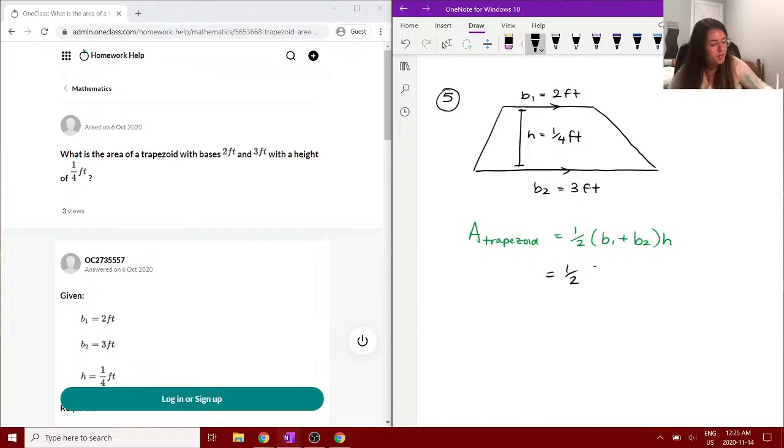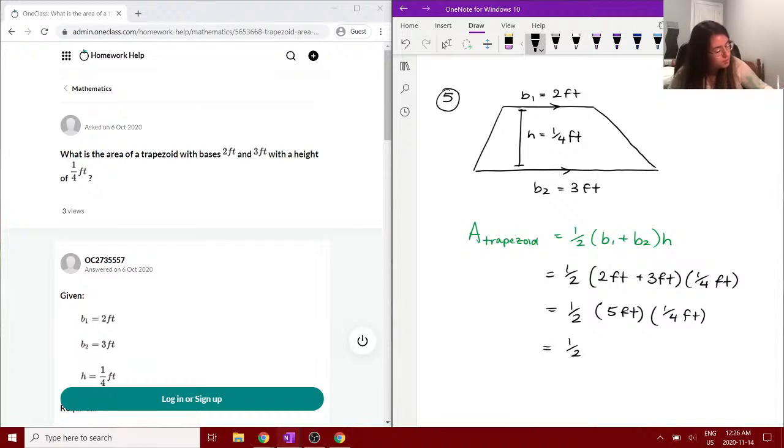So we have 1/2. The first base we are given as 2 feet. The second base we are given as 3 feet. And the height is given as a quarter foot. So let's do this. 2 plus 3 is 5 feet, times 1/4 foot.